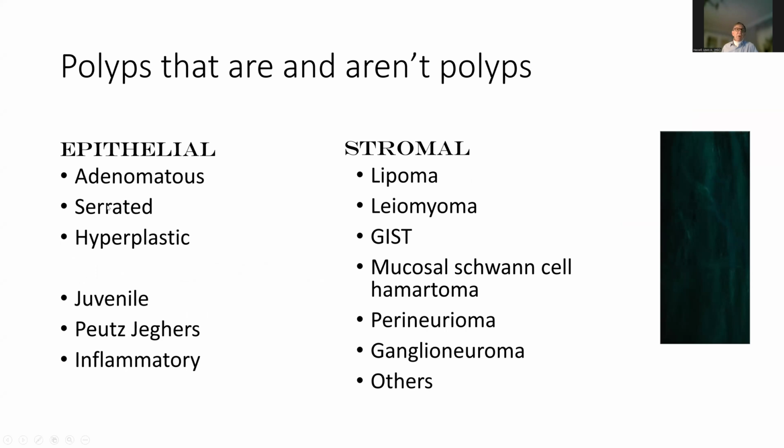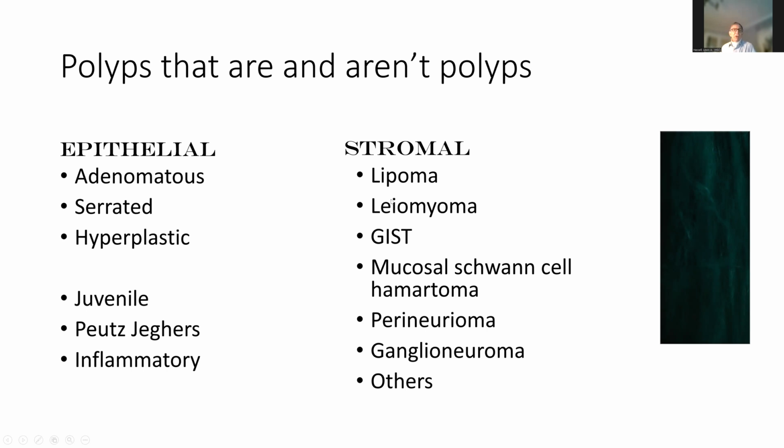We have to think that most commonly we're going to see adenomatous polyps, the tubulovillous adenomas and so forth, or serrated polyps or hyperplastic polyps and so forth. Occasionally we'll see some of the juvenile or other syndromic polyps like Peutz-Jeghers. And as occasionally happens, we also can see inflammatory lesions that look like polyps. But we need to remember that there are a number of stromal lesions that can also present with the appearance of polyps.